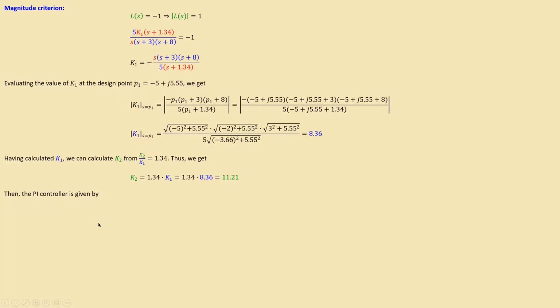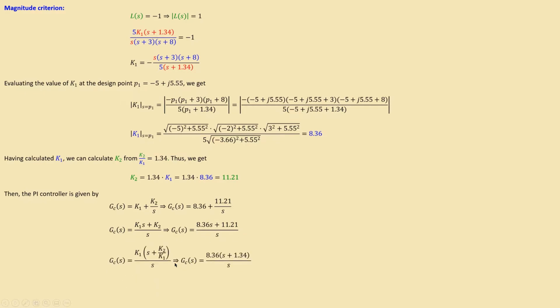So the PI controller in this case is given by this expression in the original form. If I, of course, want to rewrite this, I can write it in this form. But if I wanted to write it in a much better way, with the zero and the pole directly recognizable, I have this expression, where you can see the PI controller gain is 8.36 and the PI controller zero is 1.34.